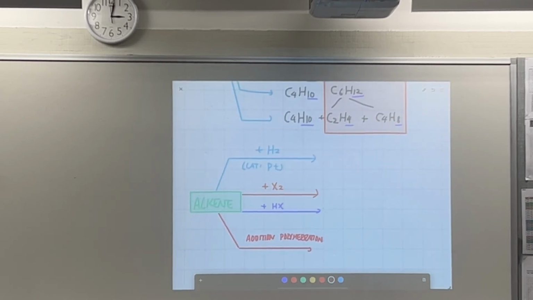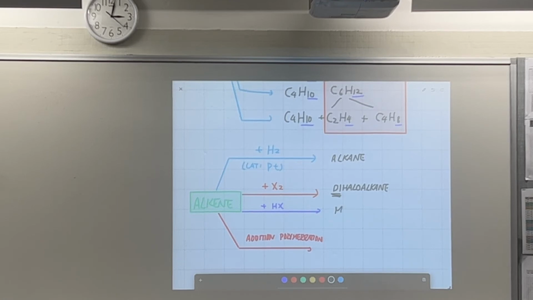Let's write out the products. When alkene reacts with hydrogen, it will be turned effectively into just alkane. When you add H2 into the C=C double bond, you get alkane. Halogenation gives dihaloalkane. I need to stress that it is dihalo because there are 2 X's added.